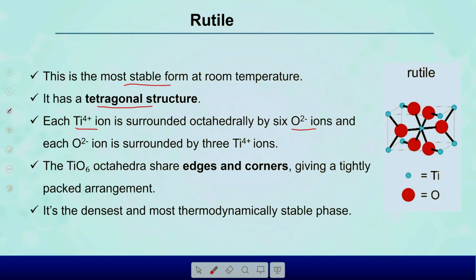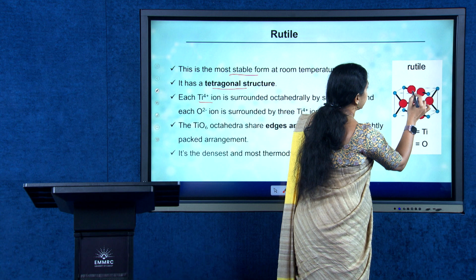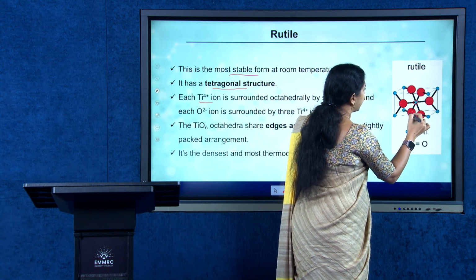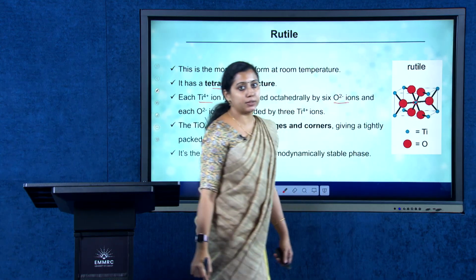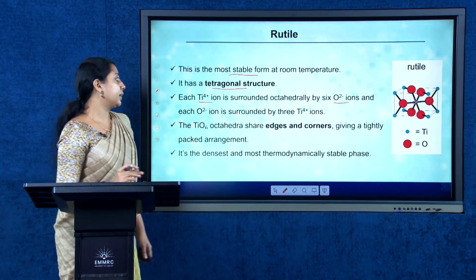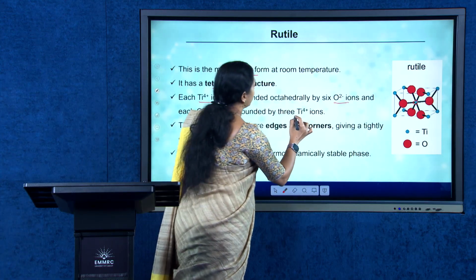As you can see here, the blue sphere represents the Ti4+ ion, surrounded octahedrally by 6 oxide ions represented by the red spheres. And each oxide ion is surrounded by 3 Ti4+ ions.